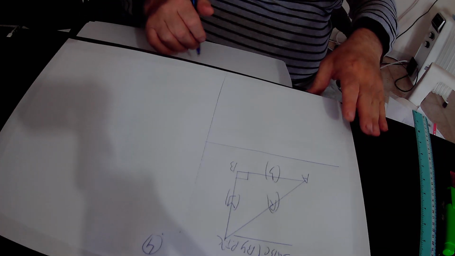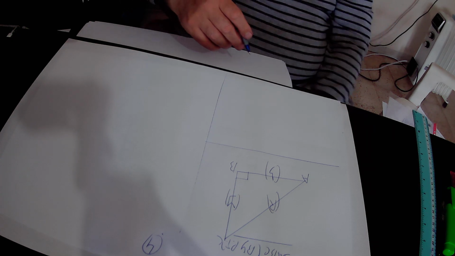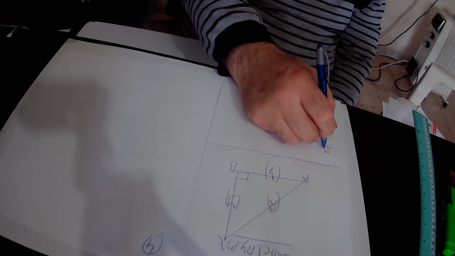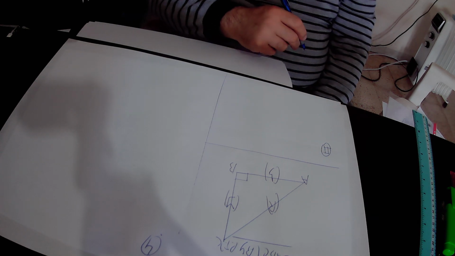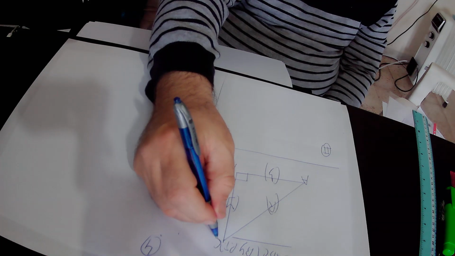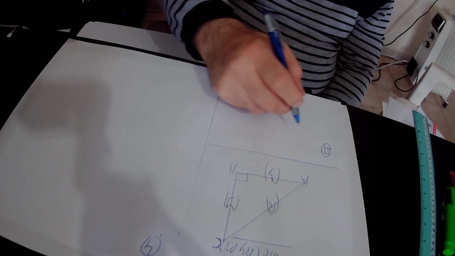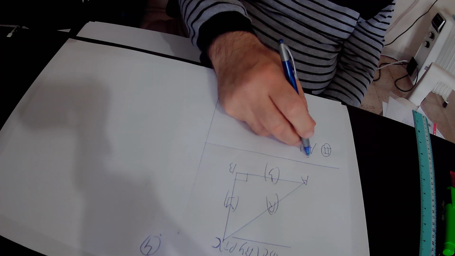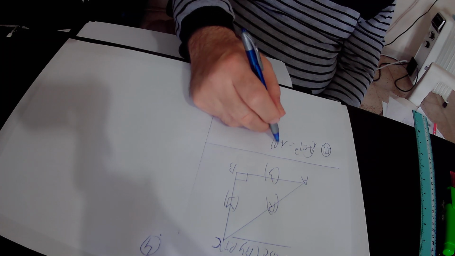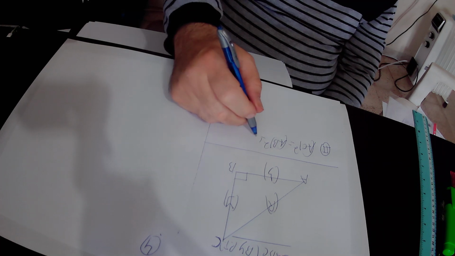This right triangle ABC, according to the Pythagoras theorem, this will be equation 2. According to the Pythagoras theorem, AC squared equals AB squared plus BC squared.